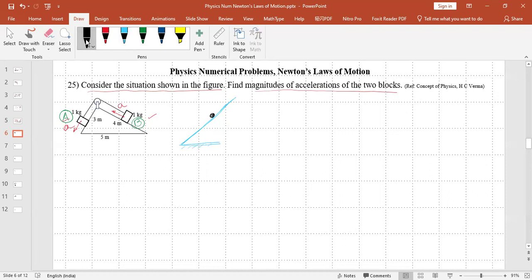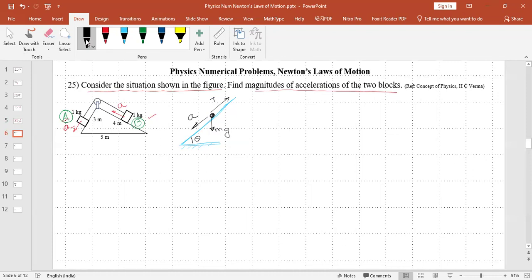Now diagnose the forces acting on it. The force acting on this is the force of mg. And let's say this angle is theta. And the acceleration is in this direction. This is A. And tension is in this direction. This is tension T.